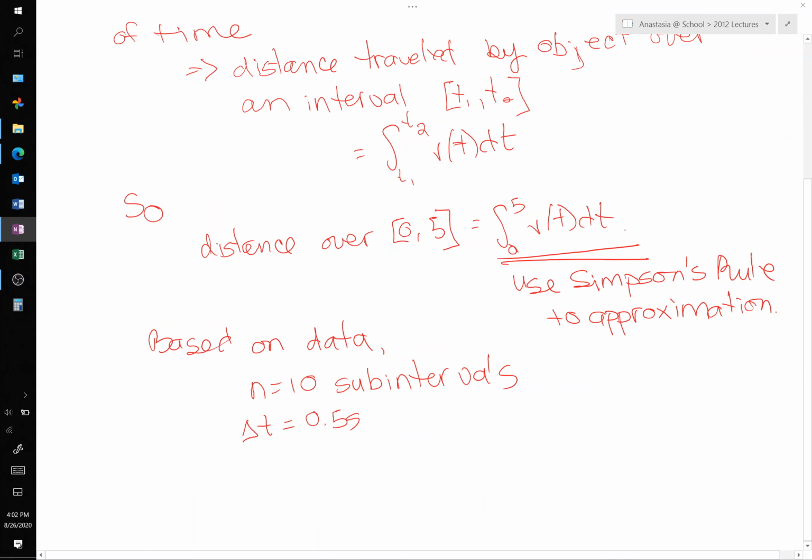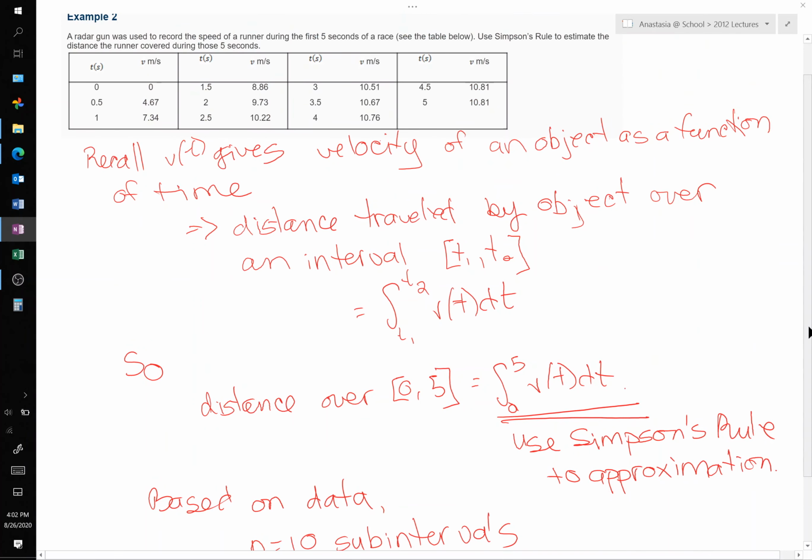And then the v of ti values are given in the table. So what I mean by that is, let's see if we can scroll up to our table values. t sub 0 is 0, so then v of t0 is 0. t sub 1 is 1/2, v of t1 is 4.67. t2 is 1, v of t2 is 7.34, and so on and so forth.